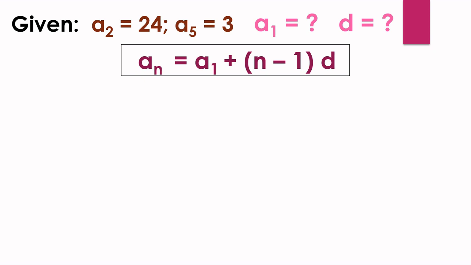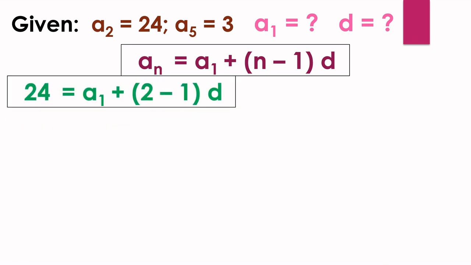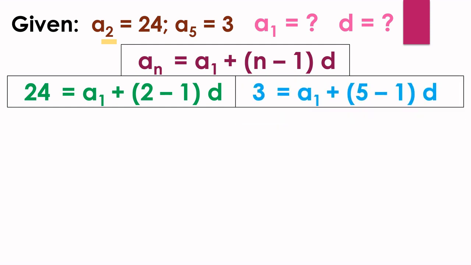We can create two different equations using the second term and the fifth term. For the second term, 24 is equal to a sub 1 plus 2, which is the number of the term, minus 1 times d. For the fifth term, 3 is equal to a sub 1 plus 5, that is the number of the term, minus 1 times d.